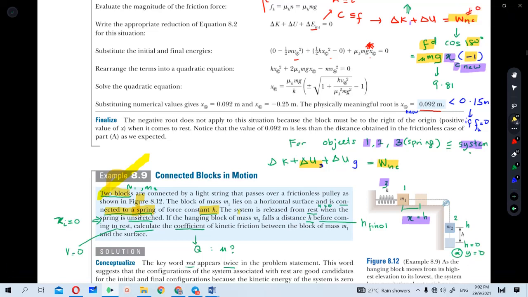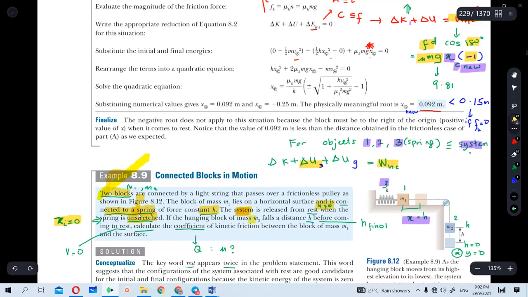Now the whole system, okay, it does put some keywords here. Release from rest. So initial speed of the three things. Sorry, not included 3. Okay. Mass 1 and mass 2 will be 0 when it is unstretched. So the initial condition is x is also 0.